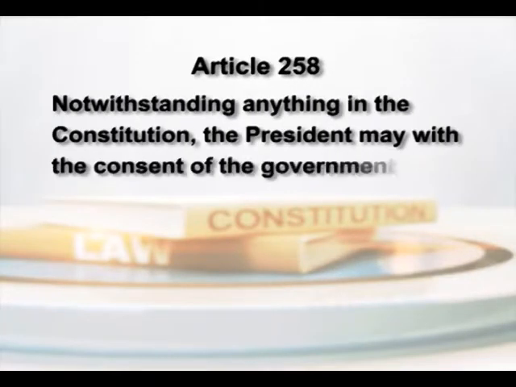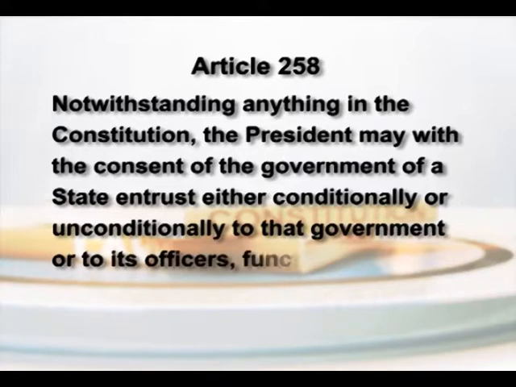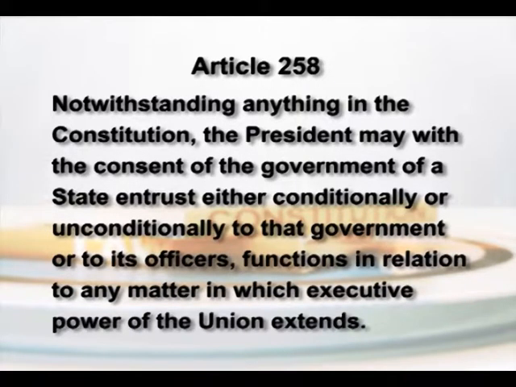Notwithstanding anything in this Constitution, the President may, with the consent of the government of a state, entrust either conditionally or unconditionally to that government or to its officers functions in relation to any matter to which the executive power of the Union extends.